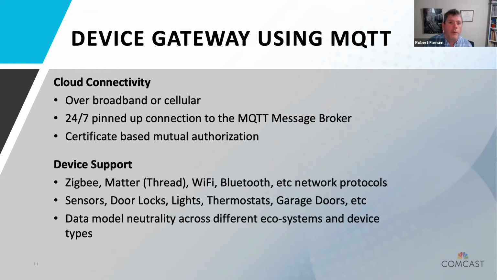We're pretty neutral when it comes to the different types of devices. We have our own data model that we use from both the gateway perspective and the mobile client perspective. So we can transform and translate any third-party manufacturer's data models to our internal data model. That gives us neutrality across ecosystems and device types.